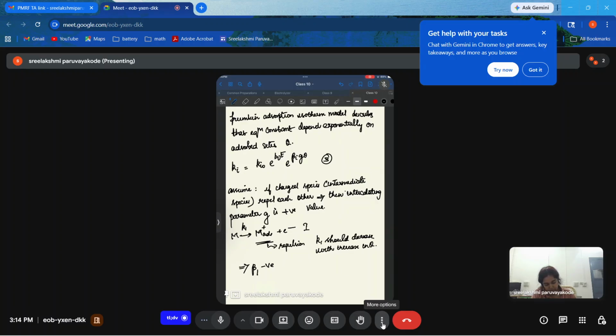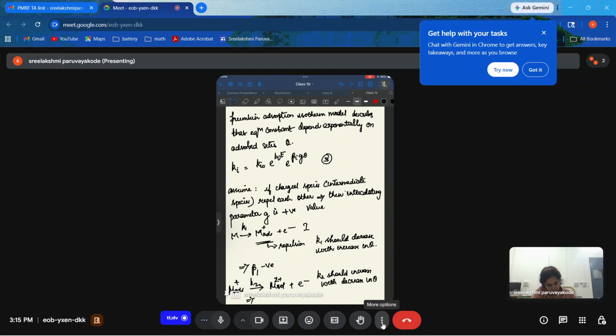Now the next step: M adsorbed gives M in solution plus electron. Here we see the consumption of M adsorbed happening. So this means K2 should increase with decrease in theta.